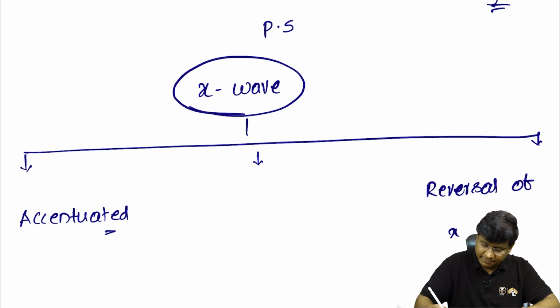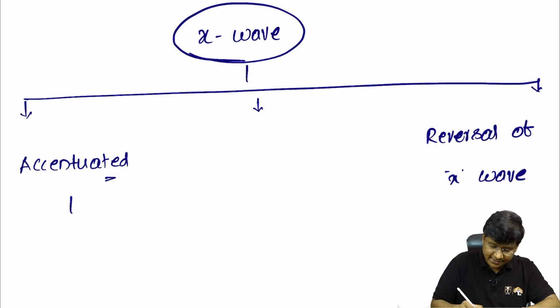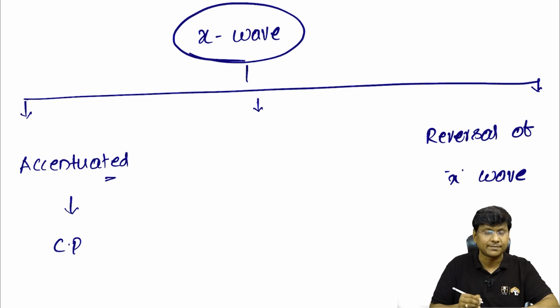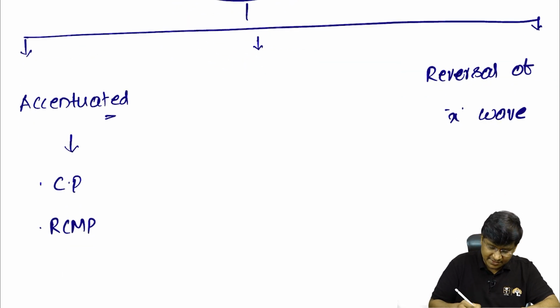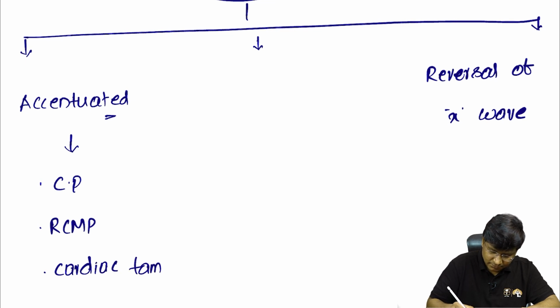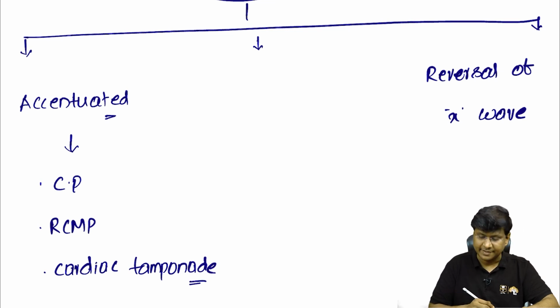Reversal of the X wave means the pressure within the right atria is not dropping down. The X wave is accentuated in scenarios like constrictive pericarditis, restrictive cardiomyopathy, and cardiac tamponade.